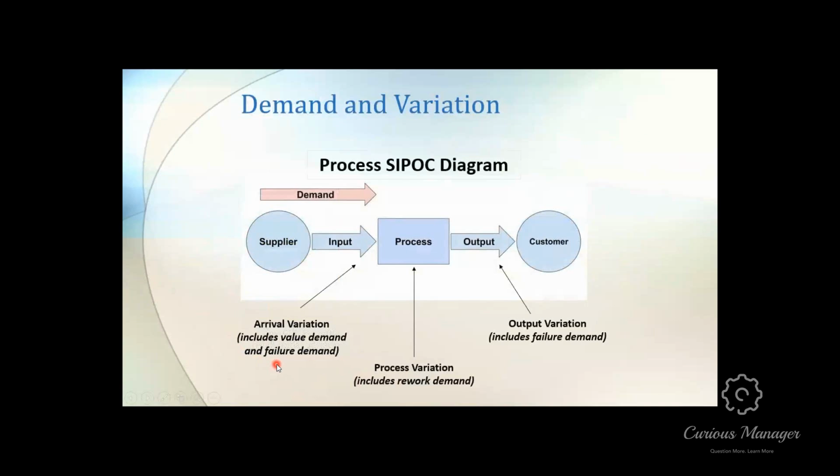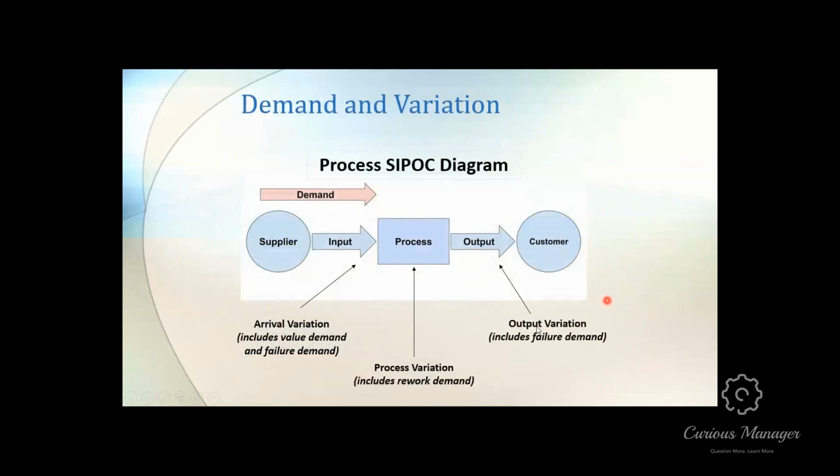Or if you find out that you have a lot of failure demand, a lot of product coming back in from the customer, you may say, okay, fine, instead of clogging up this system, we may make a secondary system that we will just send the failure demand to so that we don't clog up our main system.